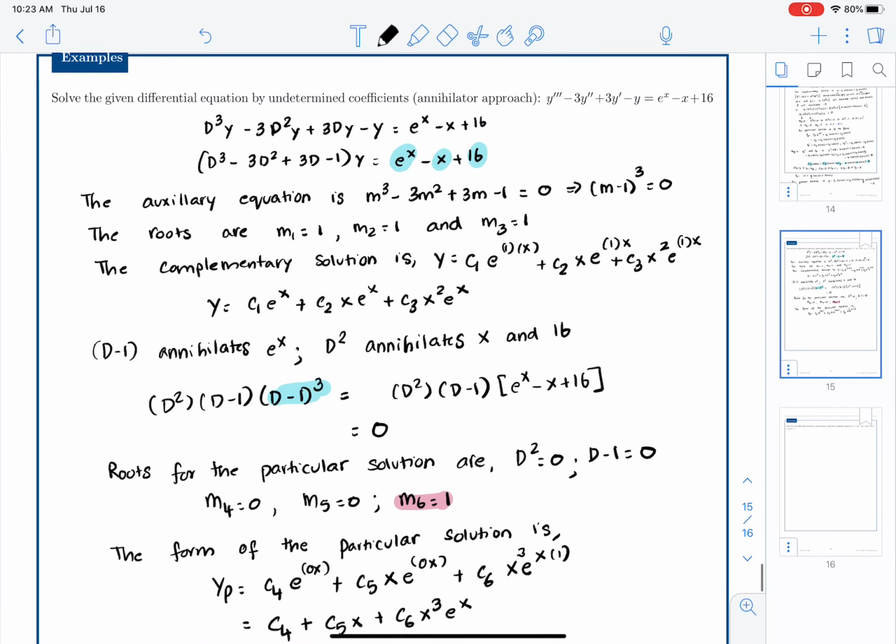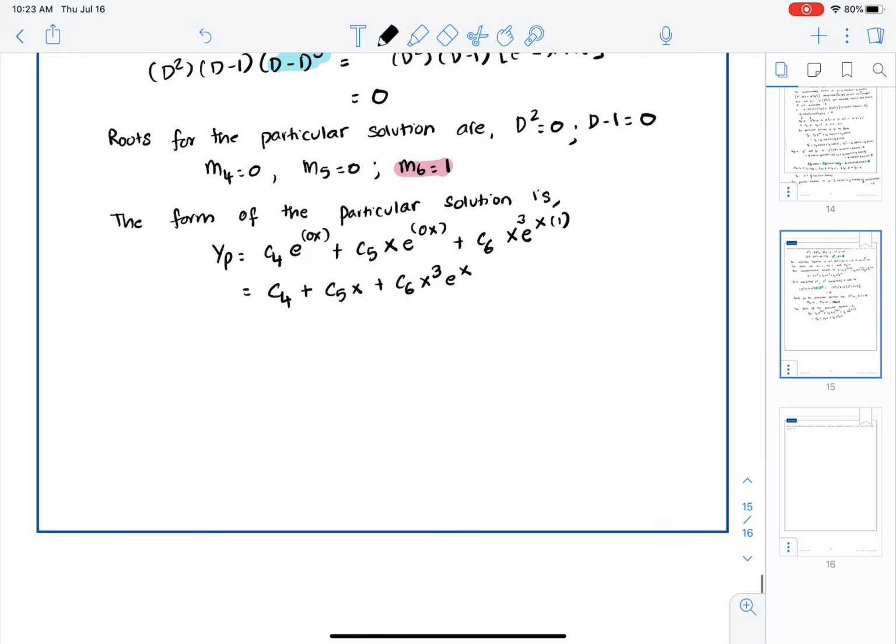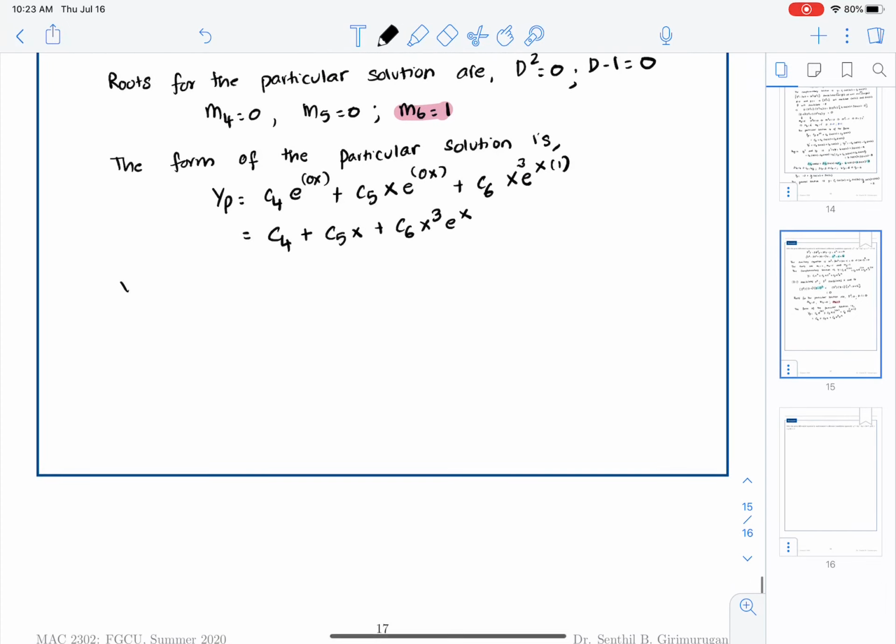Now we have to find the third derivative, second, first, and yp. So the first derivative is C5 plus C6 times 3x squared e raised x plus x cubed e raised x.